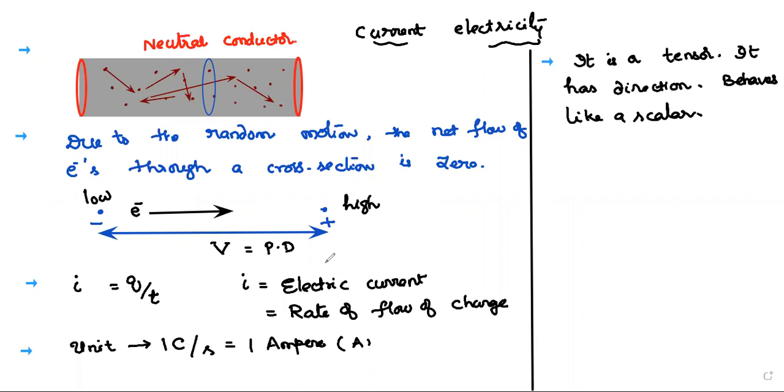Just by maintaining a potential difference, we send them in a specific direction. So potential difference is required if you want to see the flow of current through a conductor. If you want to see I, you need the potential difference. Without V, there is no I.